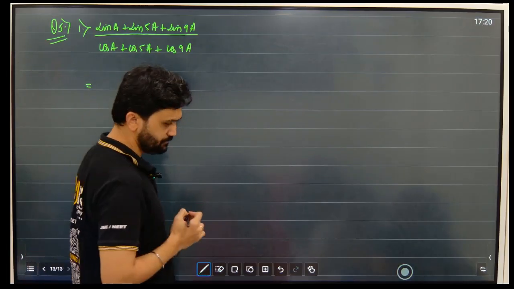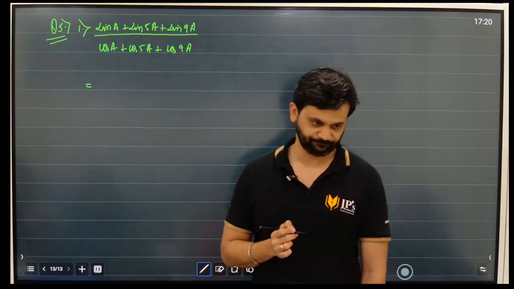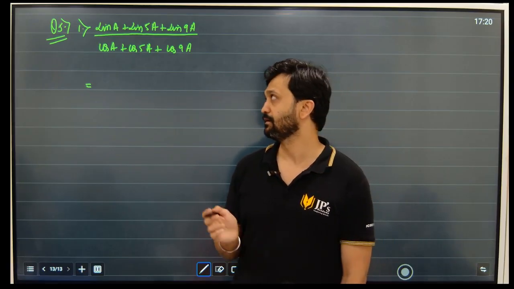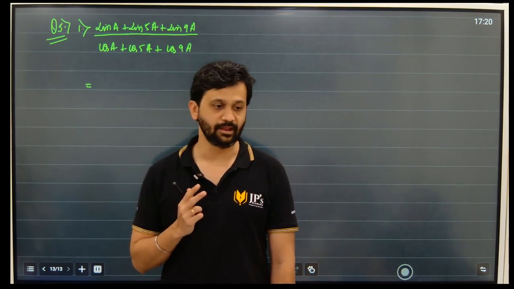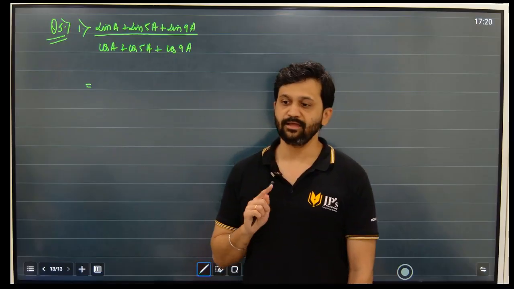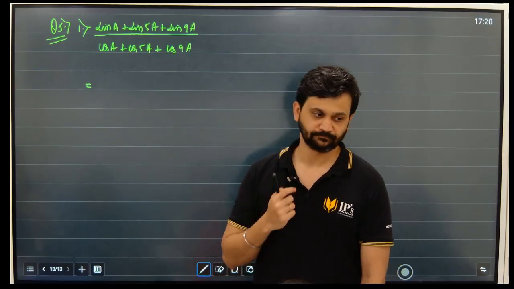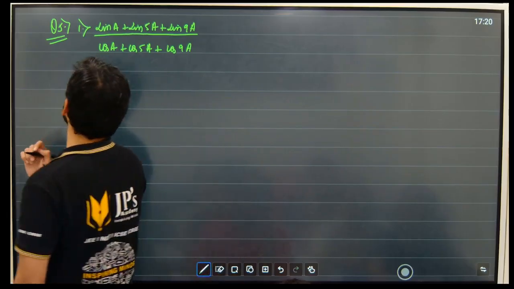When there are 3 terms, the most important part is the pairing. How will we do the pairing? Look at the angles. My angles are 1, 5 and 9. If I add a with 9a, what will I get? Divided by 2. That is the pairing.